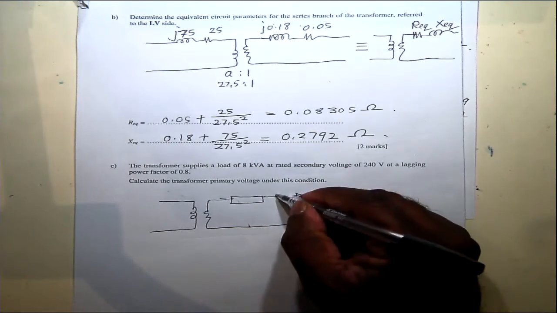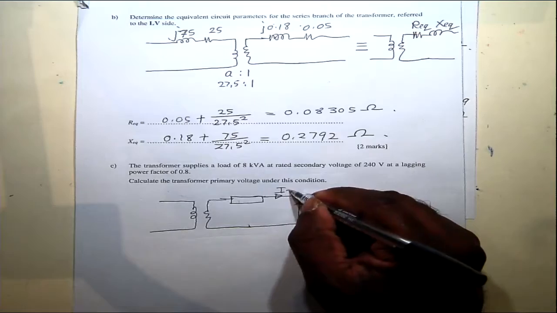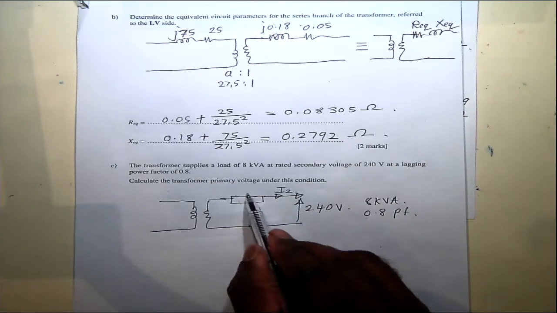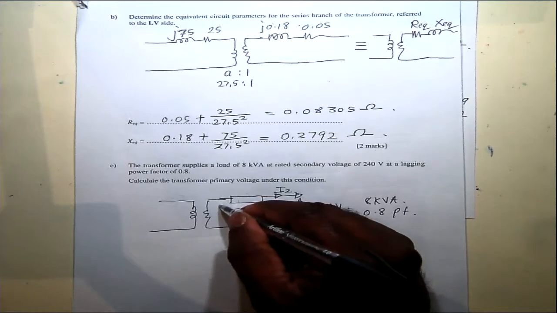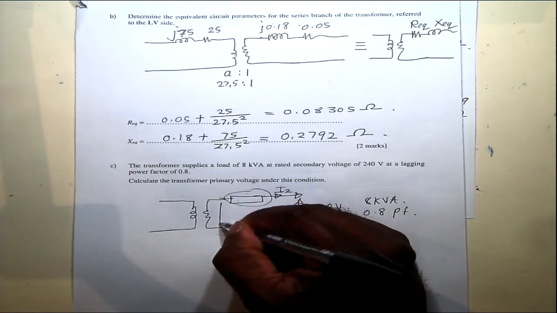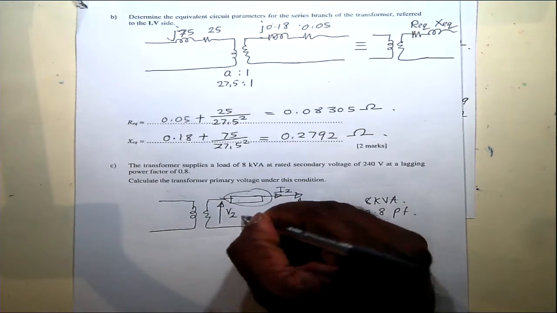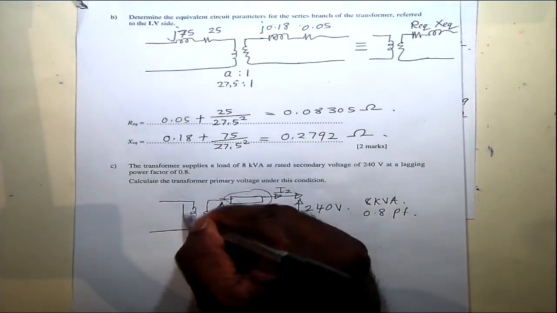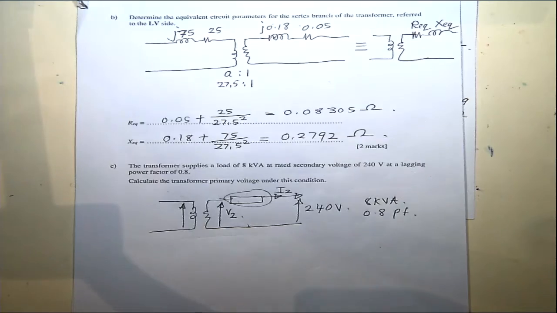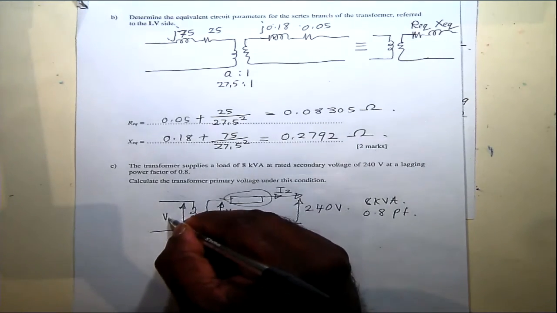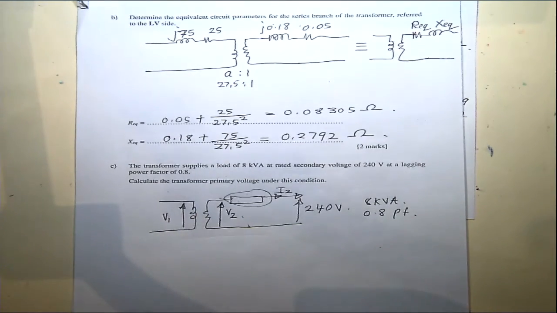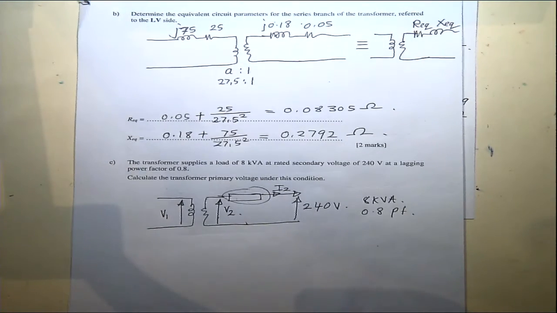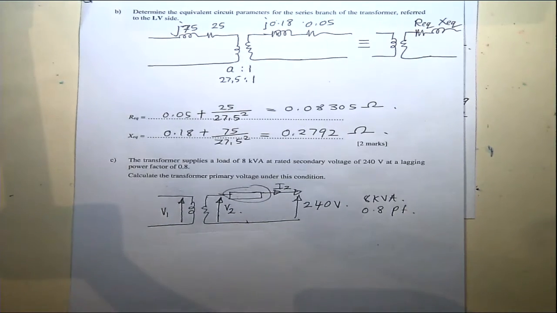So we need to first figure out this current, let's say I2, and once you have I2, we can figure out the voltage drop across the transformer impedance, and figure out this voltage. That's the induced voltage on the secondary, and then the primary referred that voltage. So this one is V1, which will be the transformer terminal voltage.